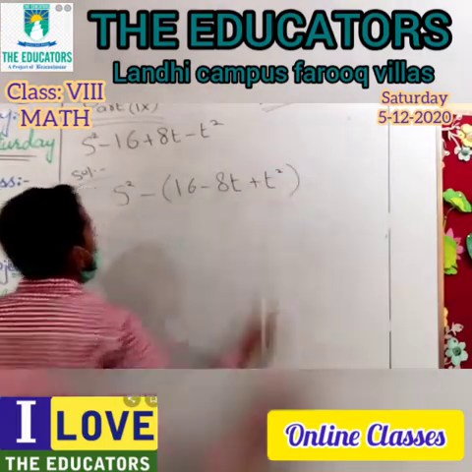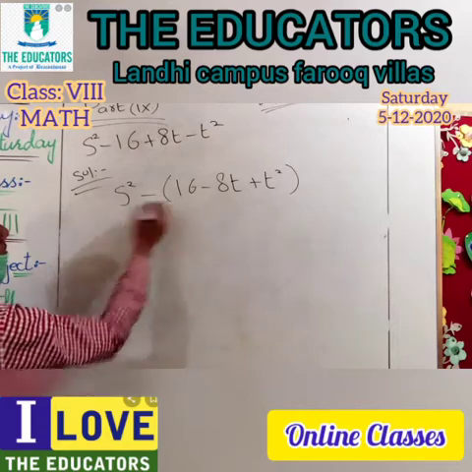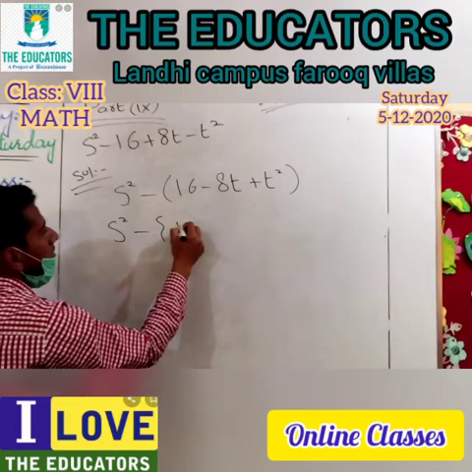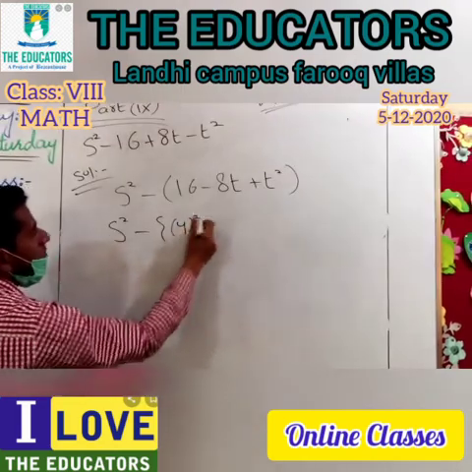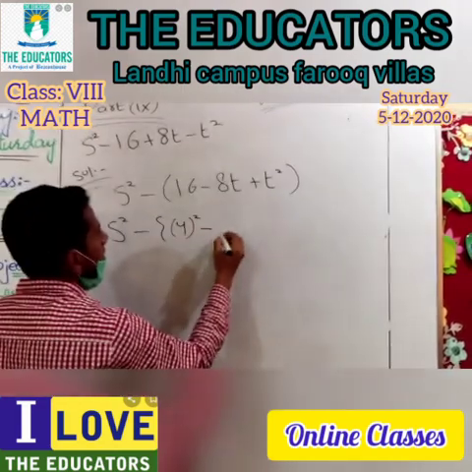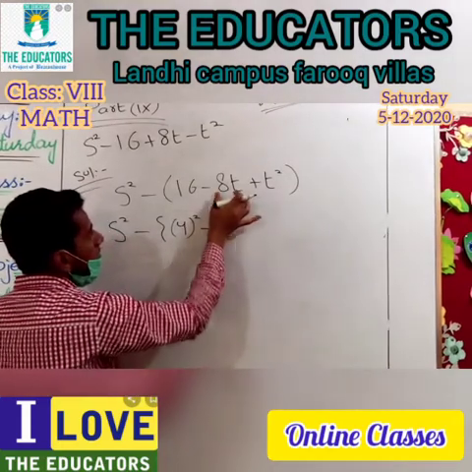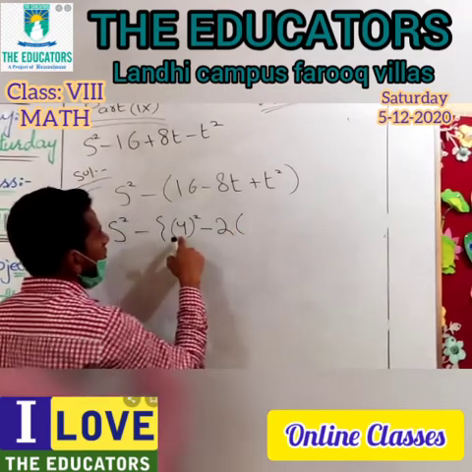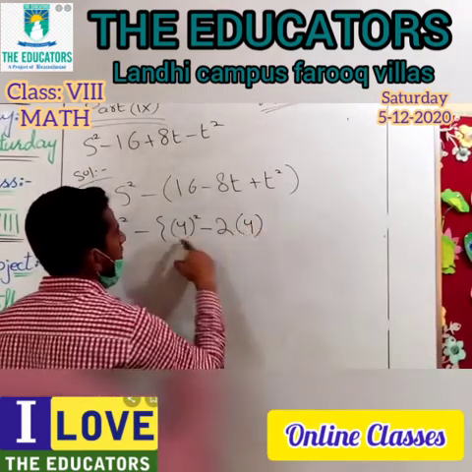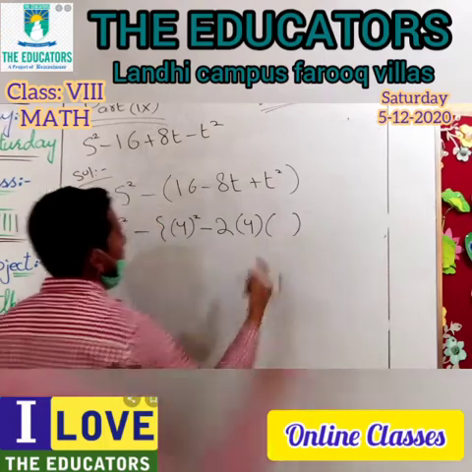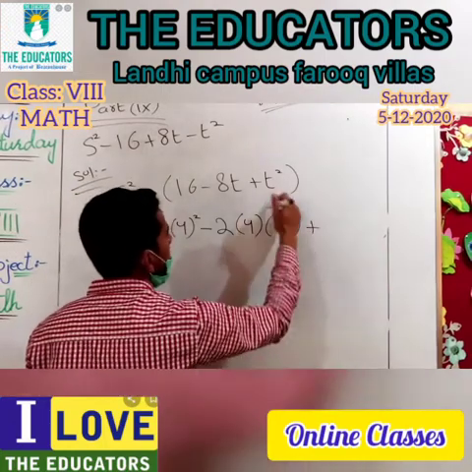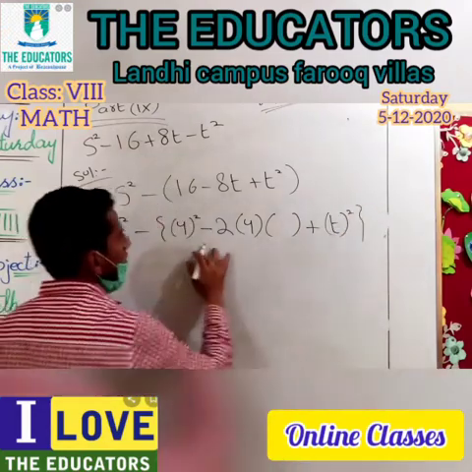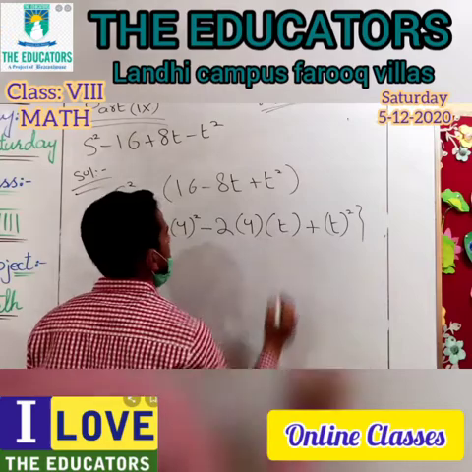Now 16 can be written like this, 4 square equals 16, and then minus, I am going to write it in the form of 2ab, so 2, and we have information about a, that is 4, we don't have information about b, so I am leaving it empty. Now in place of t square I am writing it like this. Now we have information about b as well, so I am writing t.